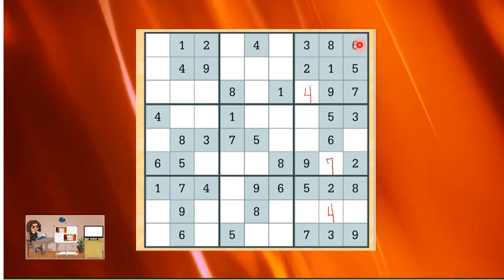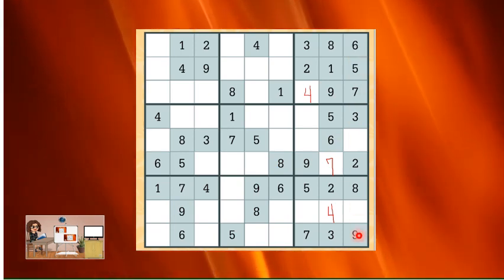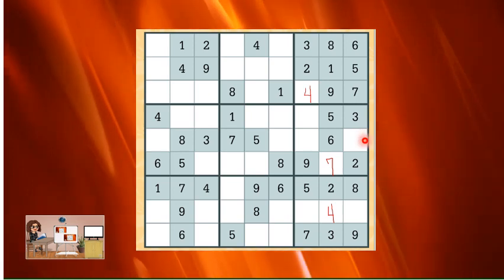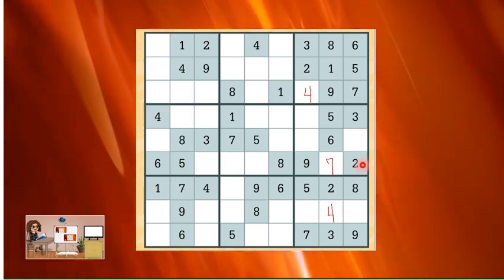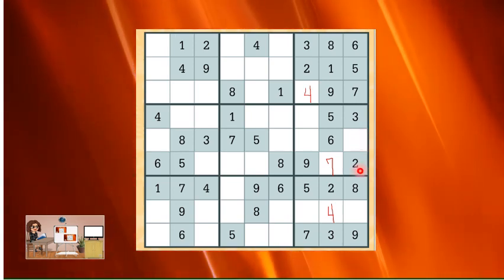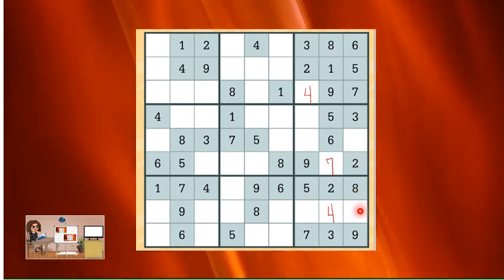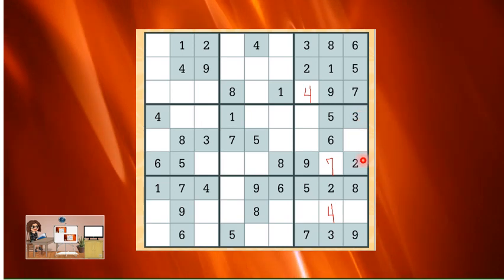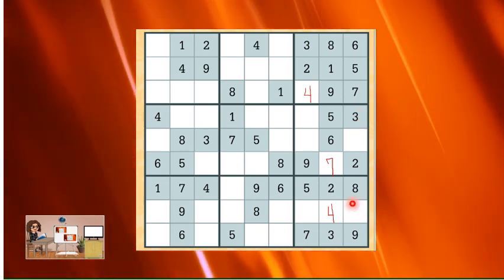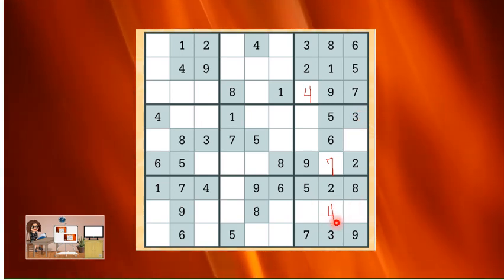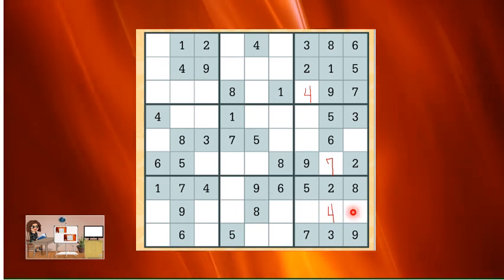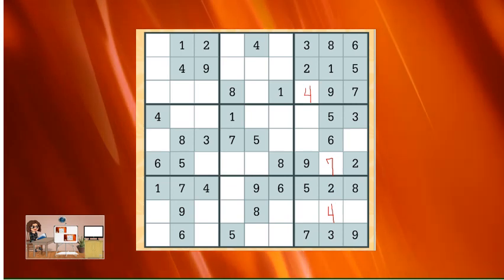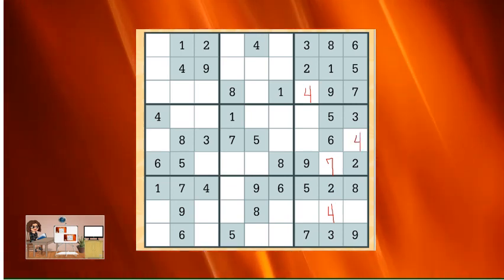Next, how about this column? We have the number 1, so 2 is missing. 1 can be written in these cells. 2, 3, 4 is also missing. We cannot write 4 here because 4 is already here in this block and in this row. So therefore, 4 is to be filled in here.